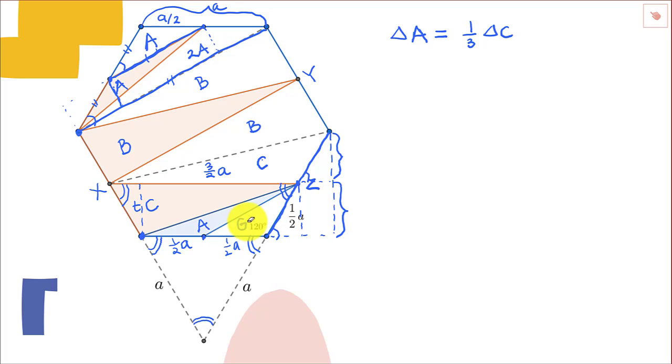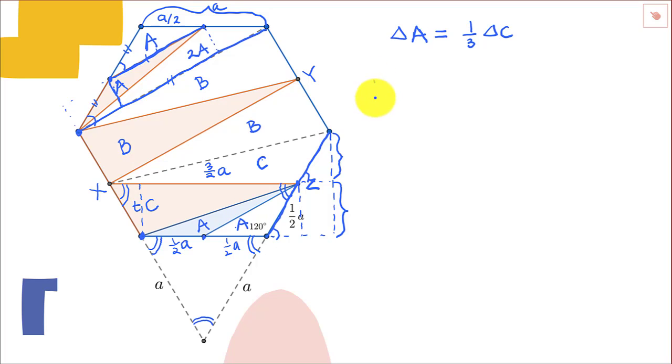So G is exactly equal to A. Okay, so now we can compute the total area of the hexagon, right?